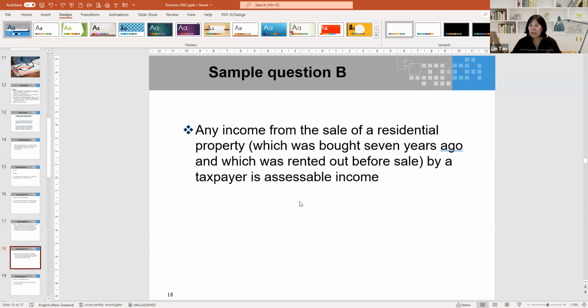Let me go through another sample question. Any income from the sale of a residential property which was bought 5 years ago and which was rented out before sale by a taxpayer is assessable income.